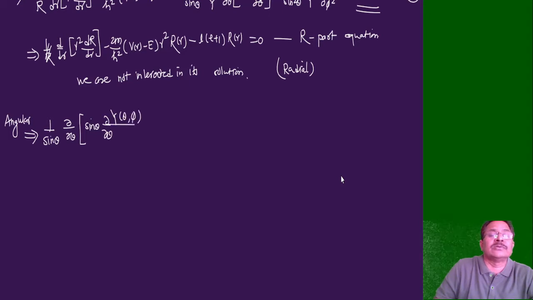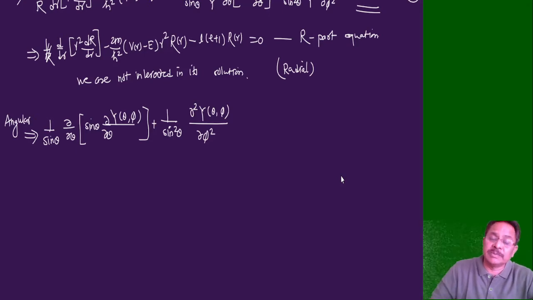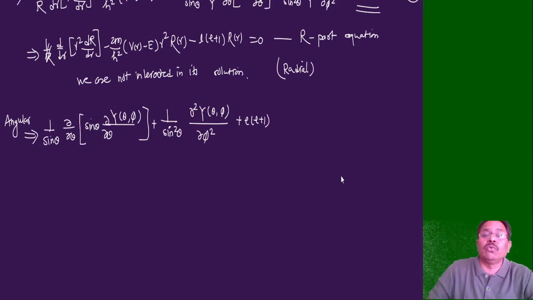I am not writing simply Y, it is capital Y of theta phi. Plus the second term, 1 upon sine square theta into del square capital Y of theta phi divided by del phi square. Taking this L into L plus 1, it becomes negative, and making everything positive, I get L into L plus 1 into Y of theta phi is equal to 0.